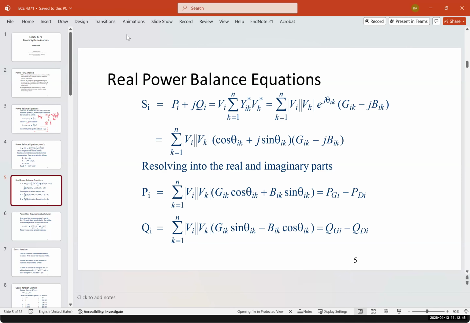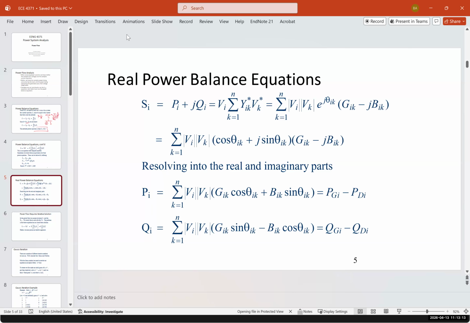The real part, Pi, is going to be sigma of k=1 to N |Vi||Vk|, Gik cosine of theta ik plus Bik sine of theta ik, which is going to be Pgi minus Pdi.